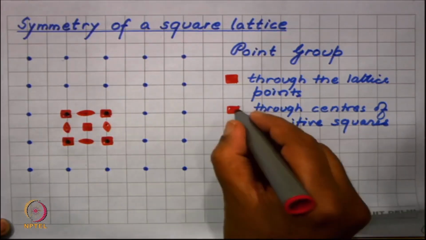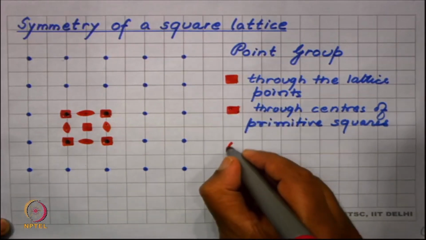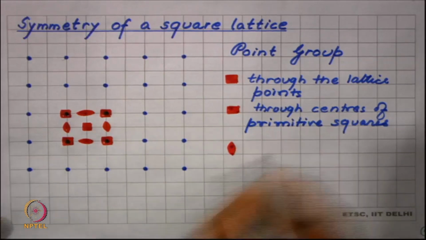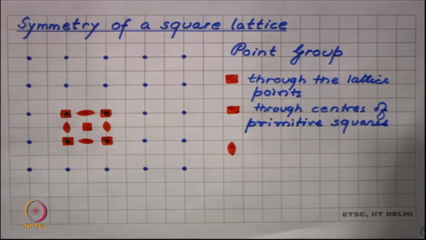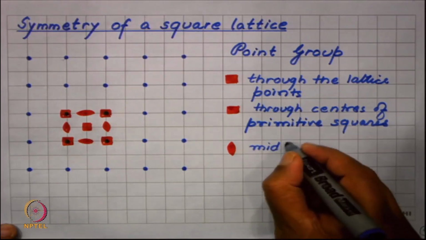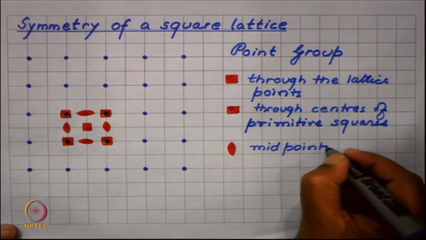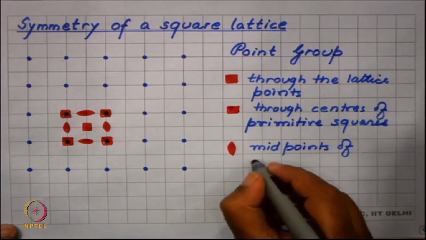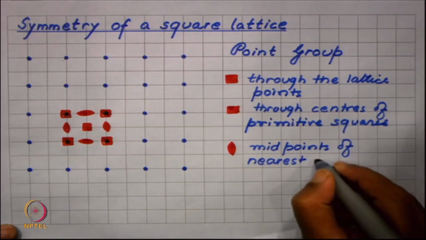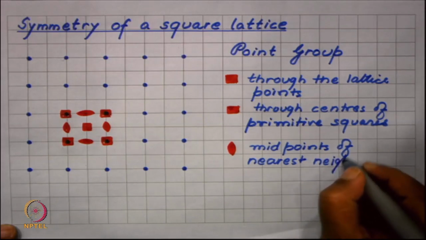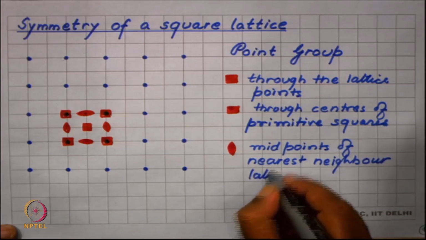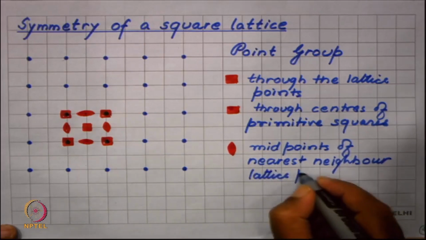So, I have dyads or twofolds at midpoints of nearest neighbor lattice points.